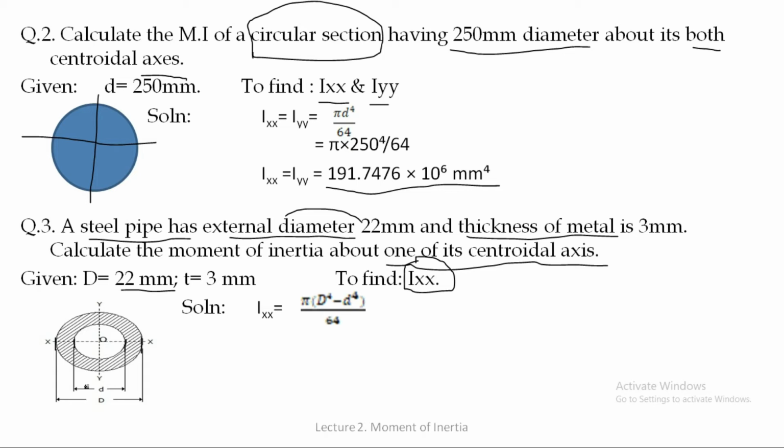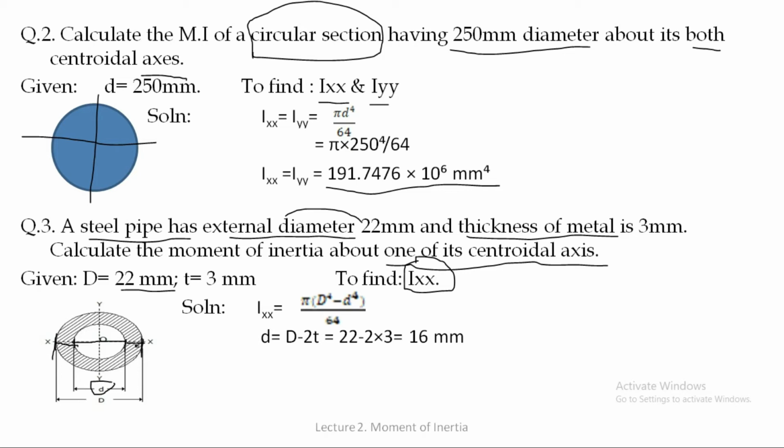Okay, are you getting what I'm trying to say? See, this distance and this distance, if it gets subtracted from this whole distance, we'll get the distance from this point to this point. That is, we'll get the dimension of the inner diameter. So what it implies is that small d is equal to capital D minus 2t.